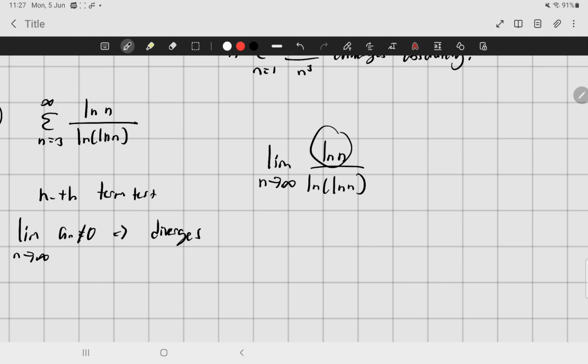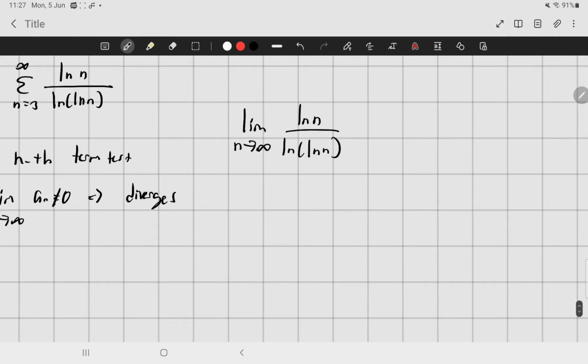As n approaches infinity, our numerator approaches infinity, and the same goes for our denominator. So apply L'Hopital's rule. If you observe, you see that ln n grows larger, I believe. Yeah, wait, no. I have to do L'Hopital's rule.